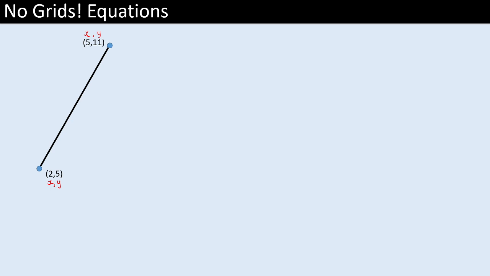Right. So, again, change in y divided by change in x. How much we go up divided by how much we go across. Now, up is relating with my y numbers, so I've gone from 5 to 11, which is going up by 6.